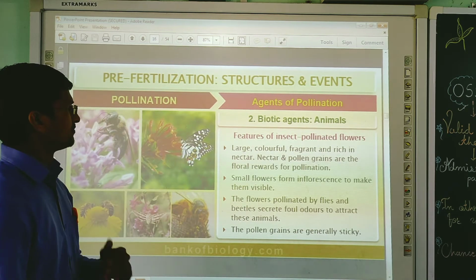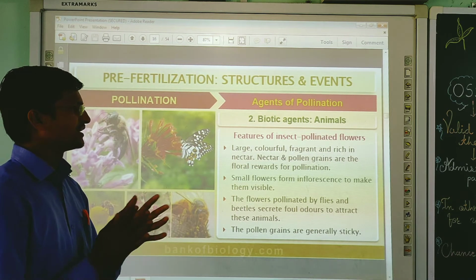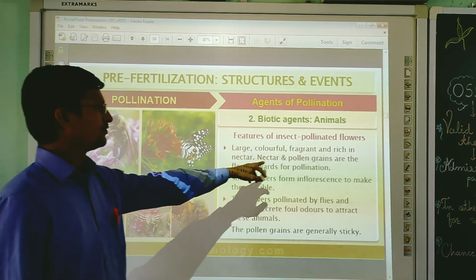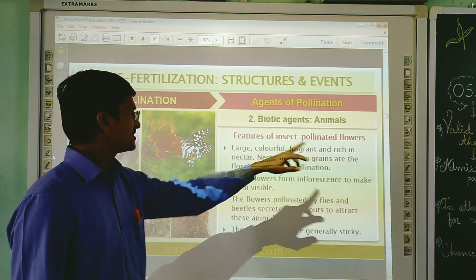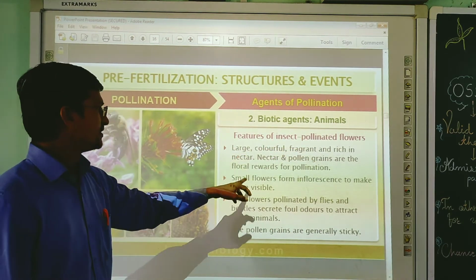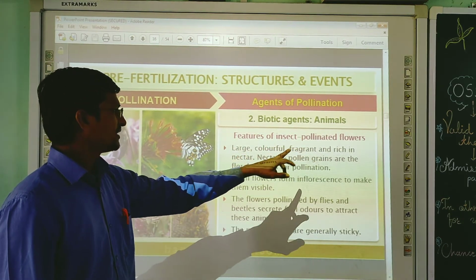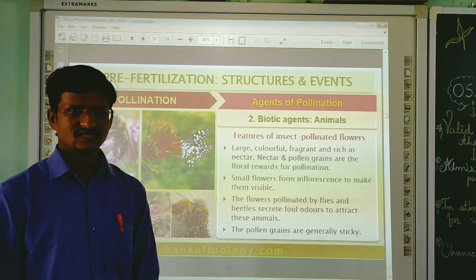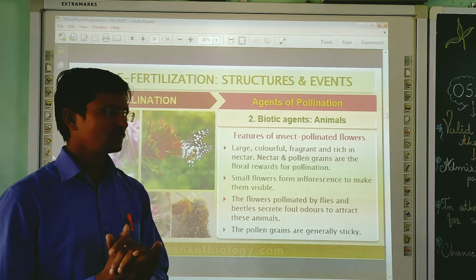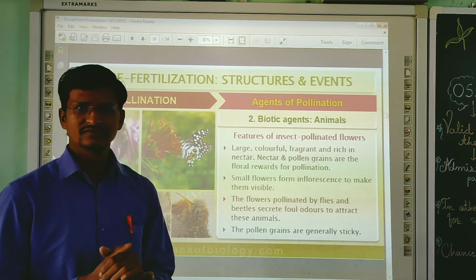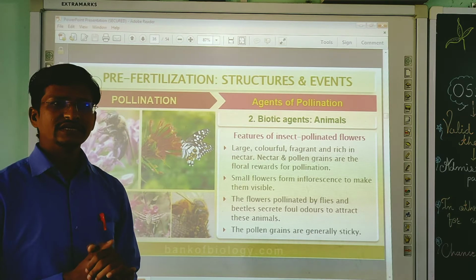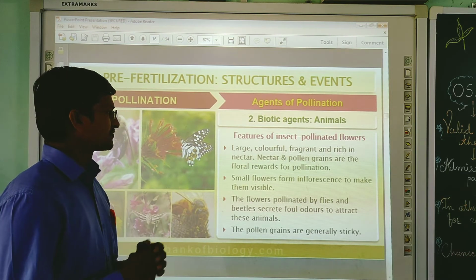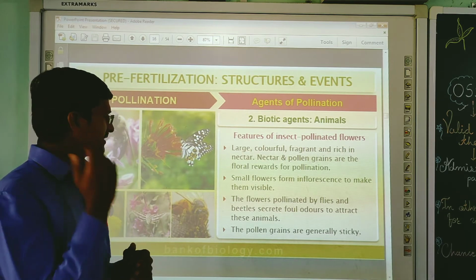Features of insect-pollinated flowers: they are large, colorful, fragrant, and rich in nectar. Nectar and pollen grains are the floral rewards for the pollinators. Honeybees collect the honey from the nectar, as you know. Small flowers are grouped in an inflorescence to make them visible.